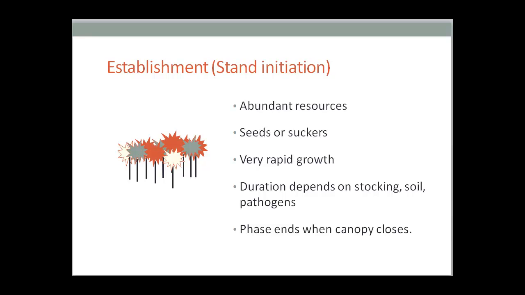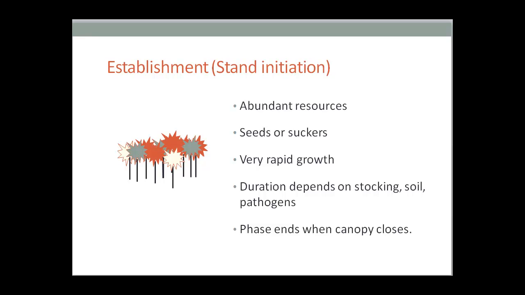That's because of the abundance of resources, but that growth is going to depend, of course, on the soil conditions and a little bit on climate, so moisture, soil fertility. The duration of this phase or stage of stand initiation depends upon the stocking level, so how well stocked it is, the fertility of the soil, and the presence of pathogens and pests.